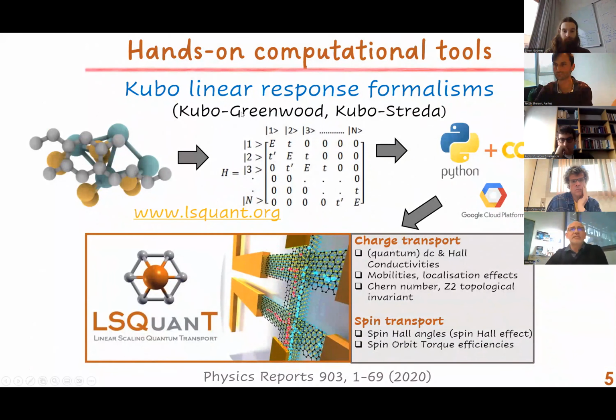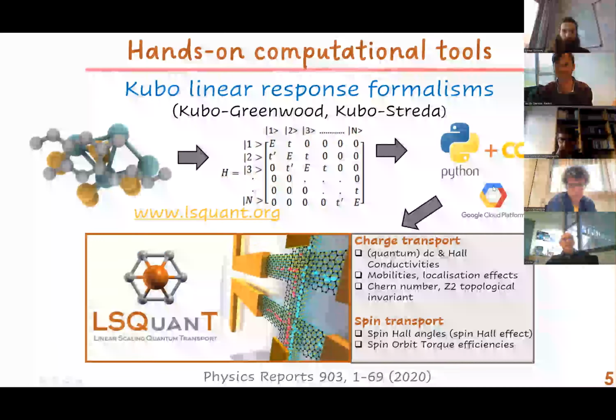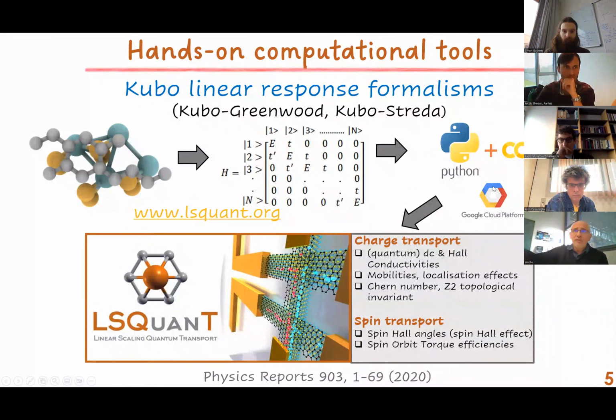The tools work by taking as input the structure of the materials, and then defining a Hamiltonian which connects the orbitals with the hopping energies, and so on. The code is written in Python and uses the Google Cloud platform to run, so the student will just have to connect with the platform and make the calculation.